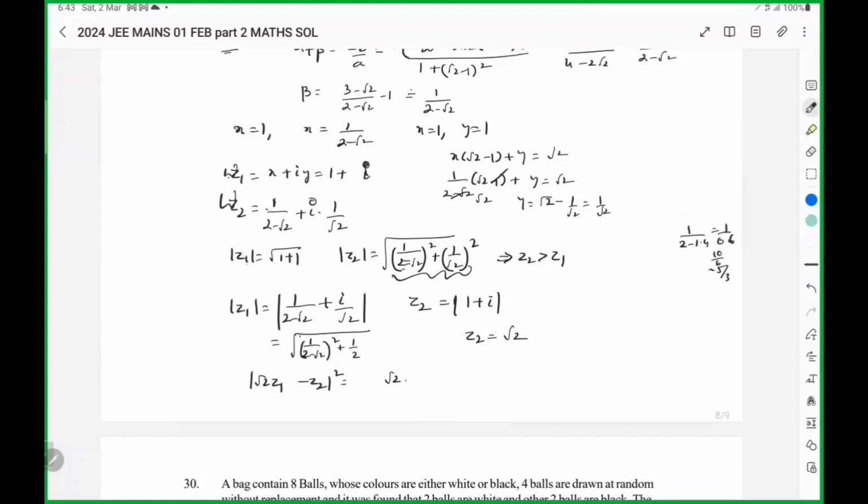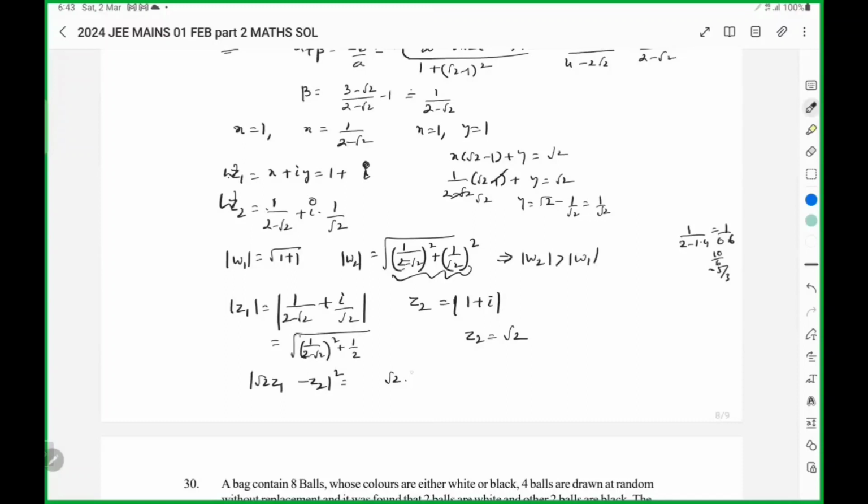So mod of omega 1, mod of omega 2. Here also mod omega 2 is greater than mod omega 1. So Z2 becomes omega 2.